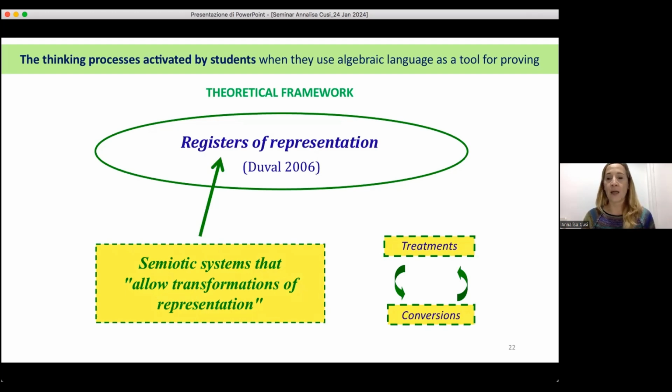For example, when I draw a line starting from the equation of the line, I made a conversion from the algebraic register to the graphic register.